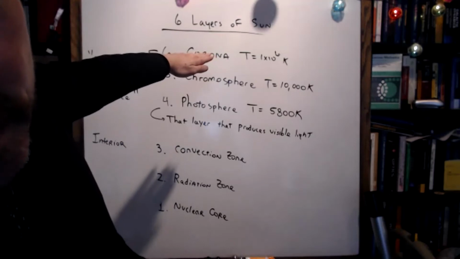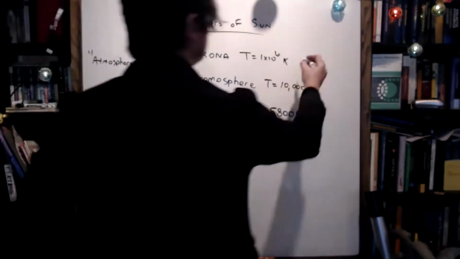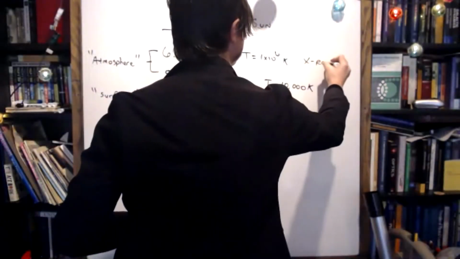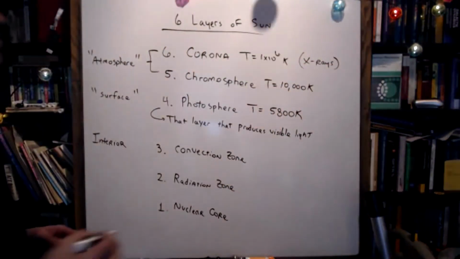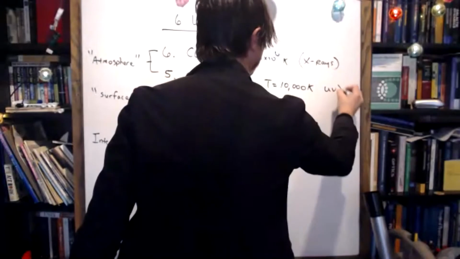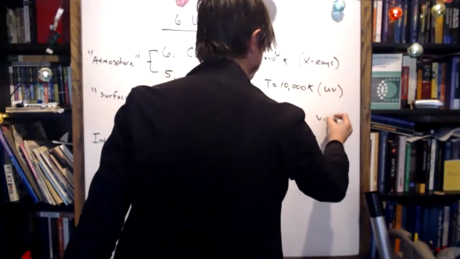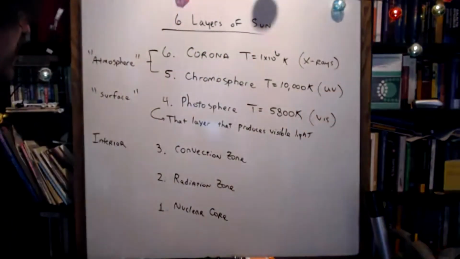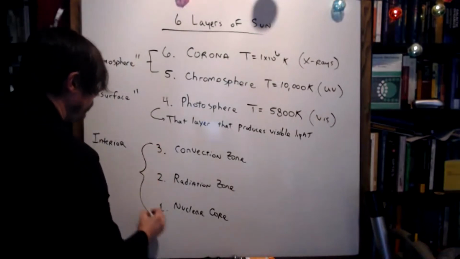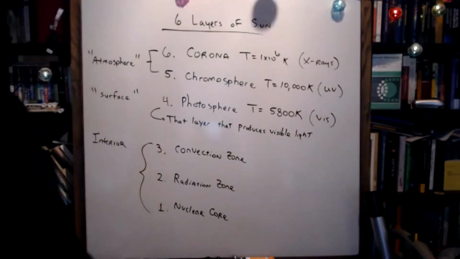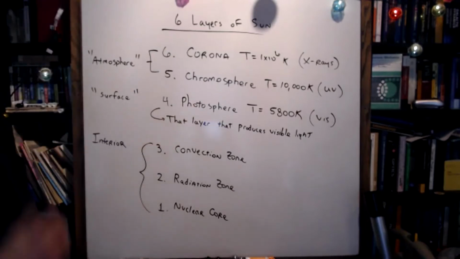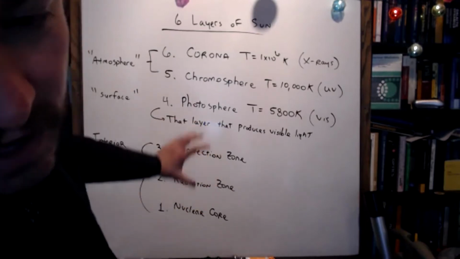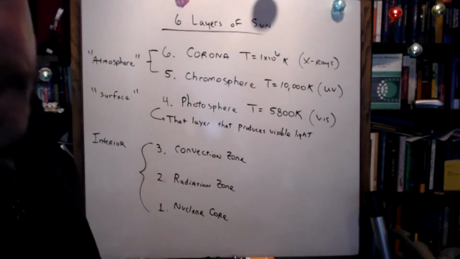The corona tends to produce X-rays. The chromosphere tends to produce ultraviolet light. The interior layers of the sun you cannot directly observe because you cannot see any deeper into the sun than the photosphere. You have to infer this through complex computer modeling and other methods.